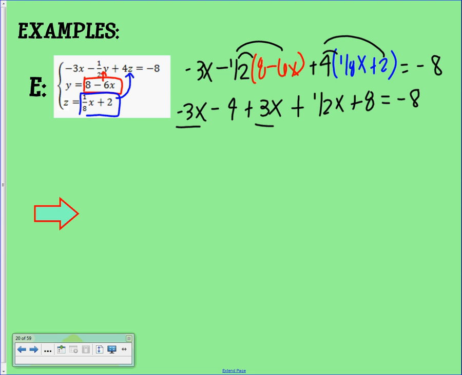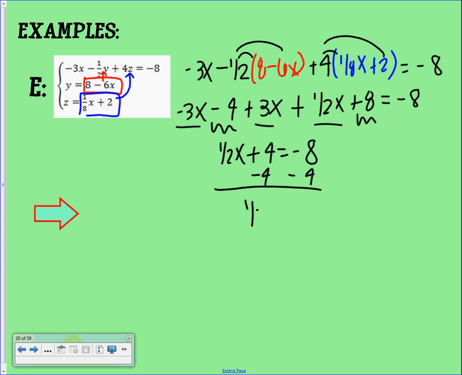My negative 3x and my positive 3x will cancel, leaving me with only 1/2 x. Then I've got my numbers, negative 4 plus 8 turns out to be a plus 4. That equals negative 8. Now I can solve. So I'll subtract 4. So I've got 1/2 x equals negative 8 minus 4, which is negative 12. And then divide by a half is negative 24.